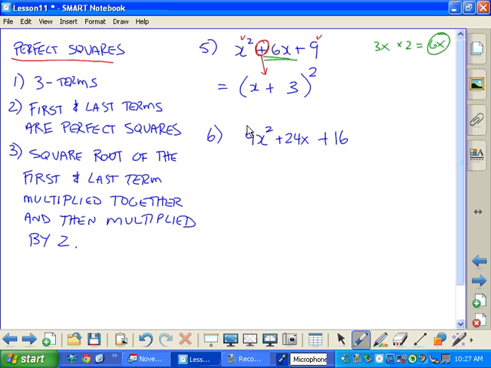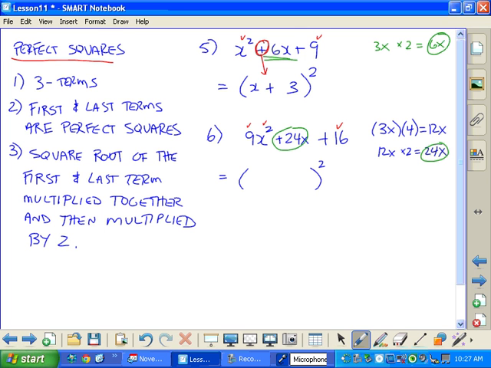I can take the square root of 9, x squared, even exponent, so it's a perfect square. 16, it's a perfect square. First and last terms: the square root of the first term would be 3x, and I'm going to multiply it by the square root of the last term, which is 4. So that gives me 12x. If I double that, multiplying it by 2, I get 24x. 24x and 24x. So there's our perfect square.